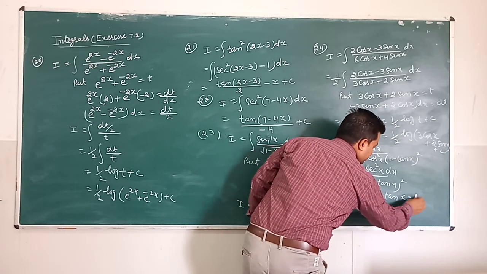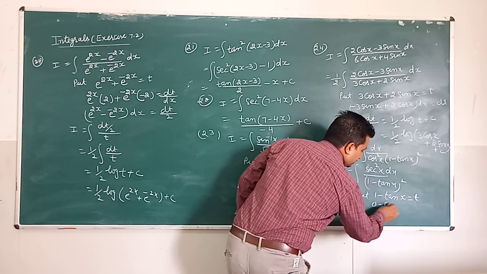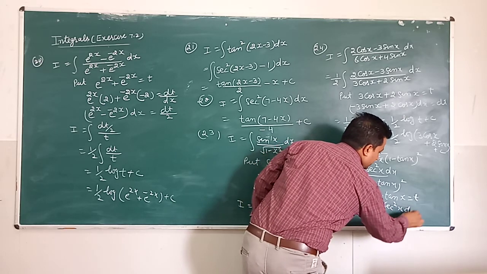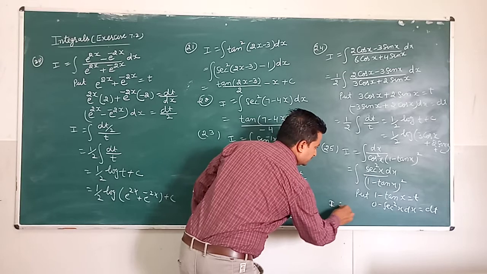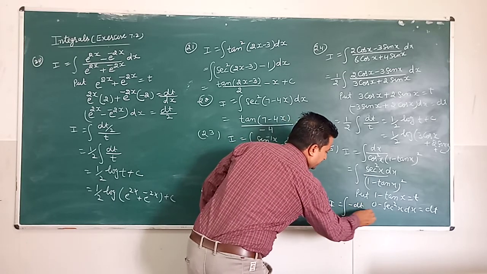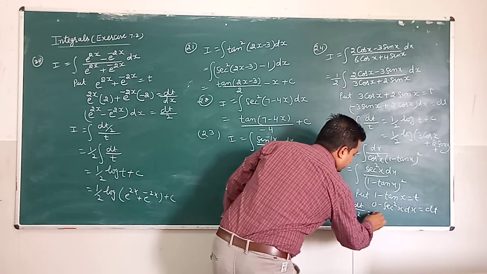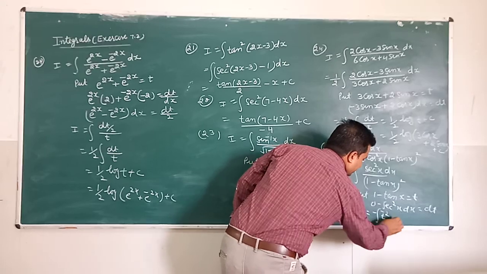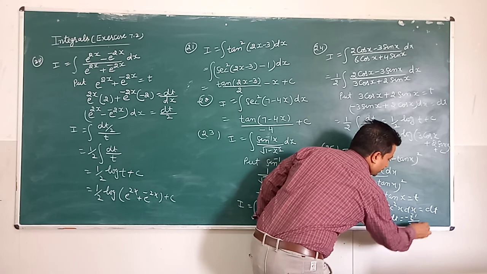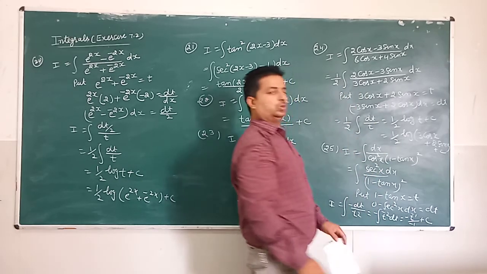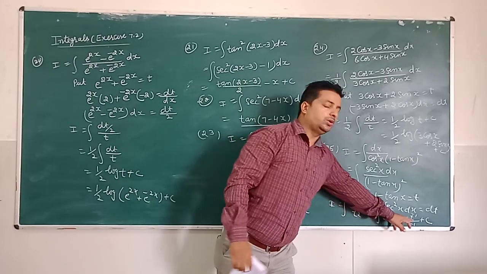So differentiate with respect to x. This is minus secant square x dx equals dt. So it becomes minus dt by t square. When we take this t square in the numerator, its integral is t power minus 1 upon minus 1. So in this, put the value of t.